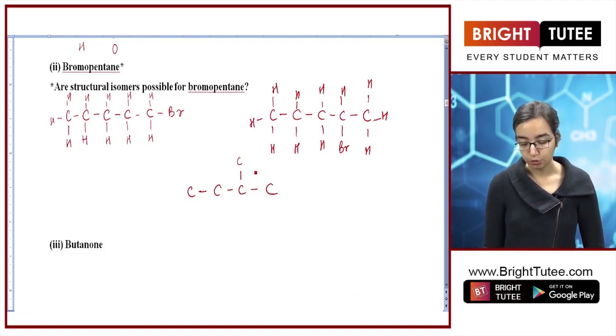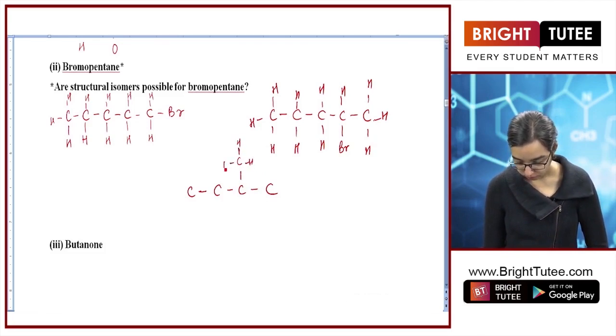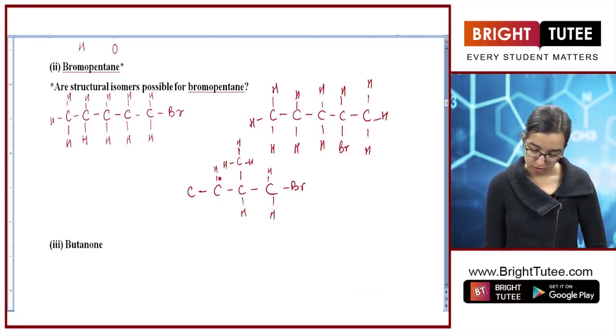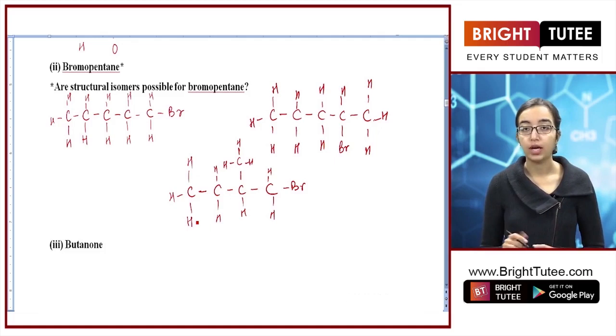So this is 2-methyl pentane. We put the bromine here. Right, so this is also a different possibility of structural isomer of bromopentane.